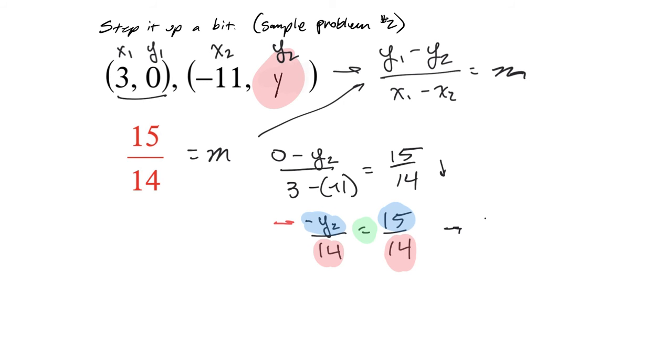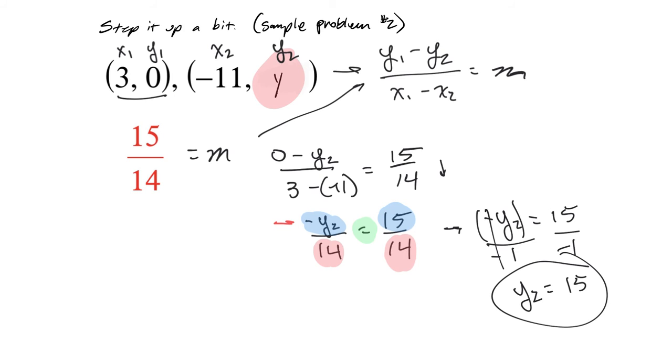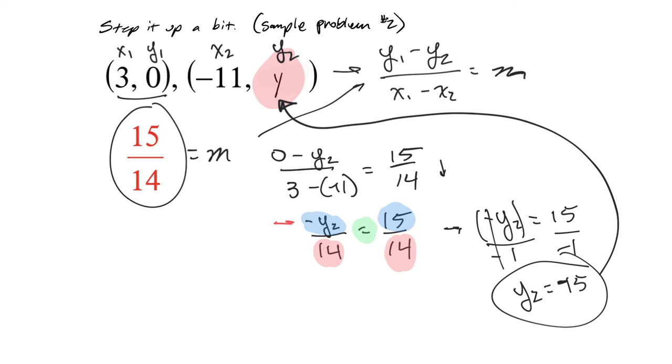So I'm going to rewrite my equation as negative y2 equals 15. I'm going to solve for y2, so I divide both sides by negative 1. Negative goes away, I get y2 equals negative 15. Oops, almost made a mistake. So this is the number that would go here to make this slope true.